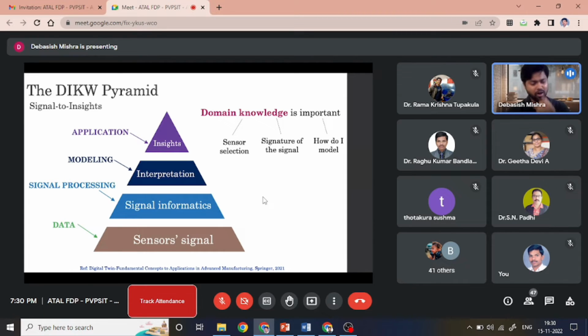If we do not have the domain expertise, then the modeling may not make sense to the operator, or it may not be meaningful to the entire DIKW pyramid.